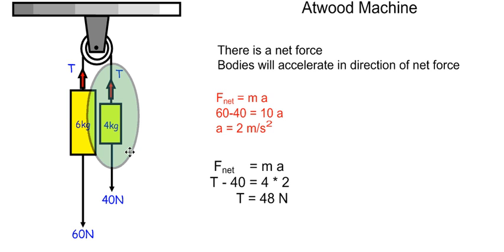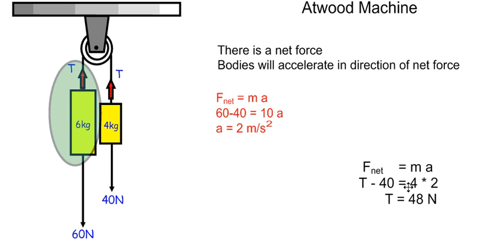Similarly, we can repeat our analysis by looking at a free body force diagram for the 6 kilogram mass. Applying Newton's second law equation again, F net equals mass times acceleration.